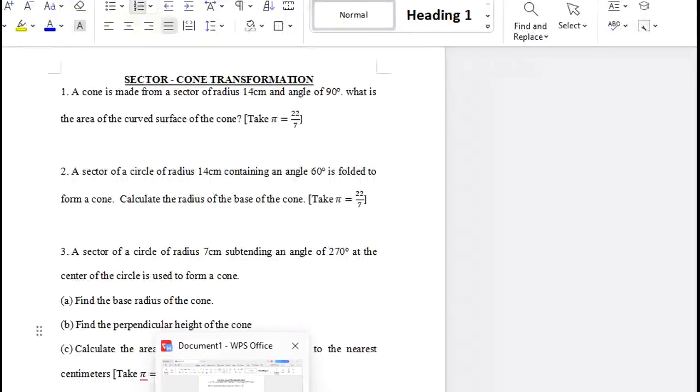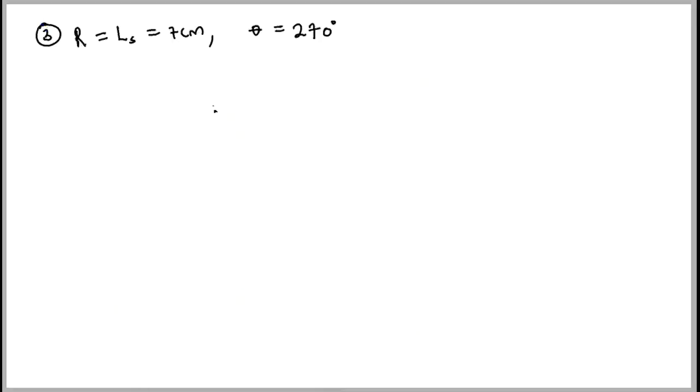So what else do we have here? Okay, that's all. We are told that this sector was used to form a cone. So find the base radius of the cone. This is the same method as example 2. The formula for finding the base radius of the cone, when we know the radius of the sector, is simply r equals theta R over 360.